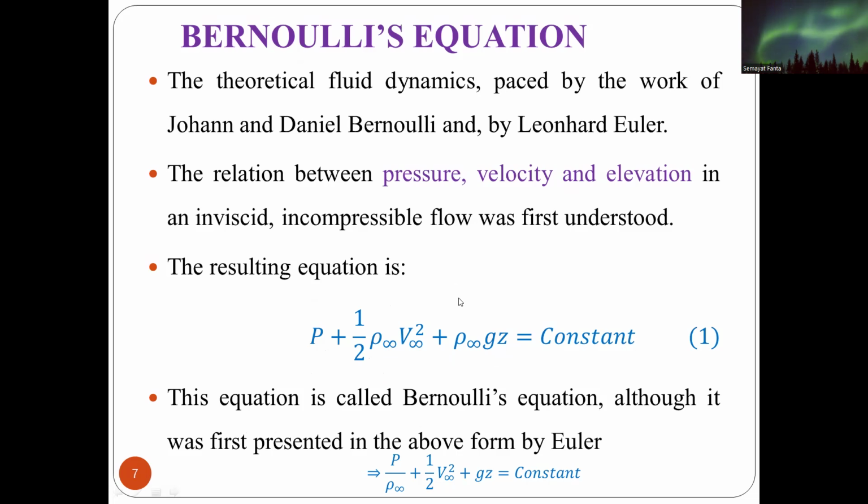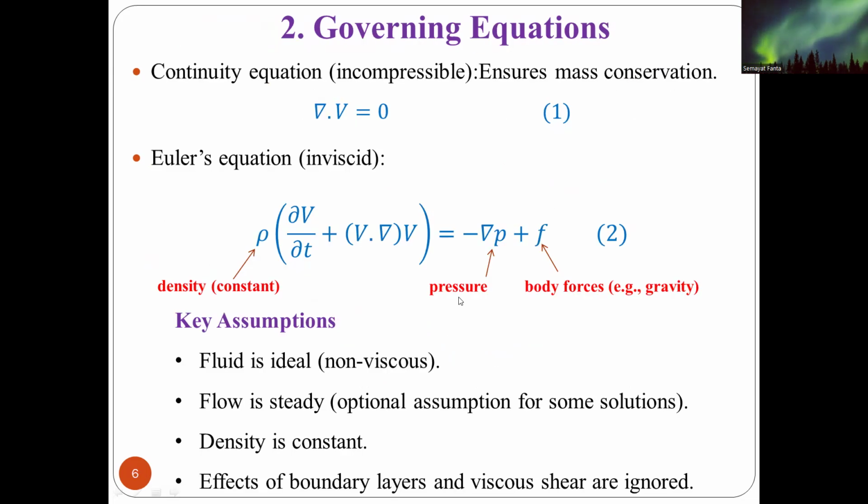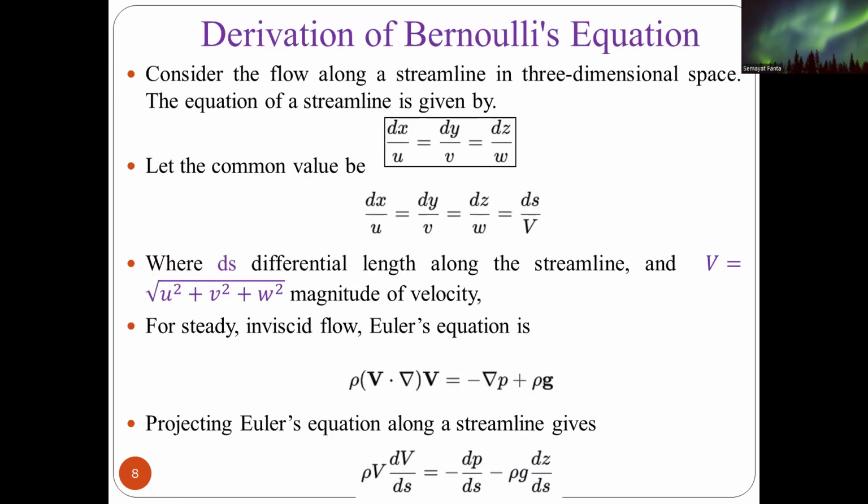That is the Bernoulli equation. So how can we derive the Bernoulli equation? To derive the Bernoulli equation, we consider some flow along a streamline in three-dimensional space, and the equation of the streamline is given from the previous chapter.